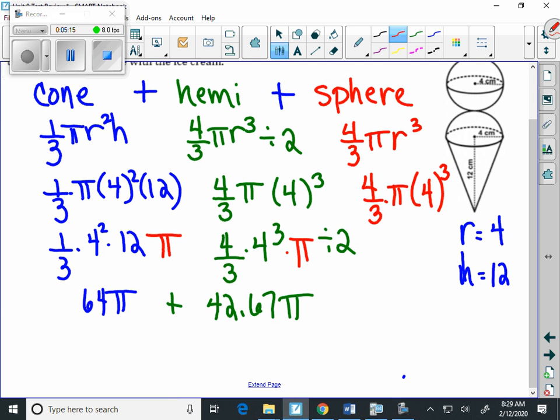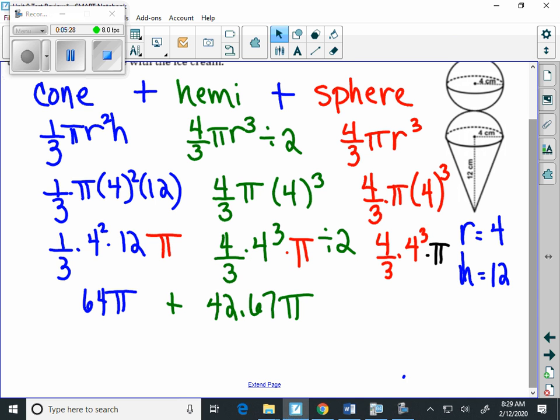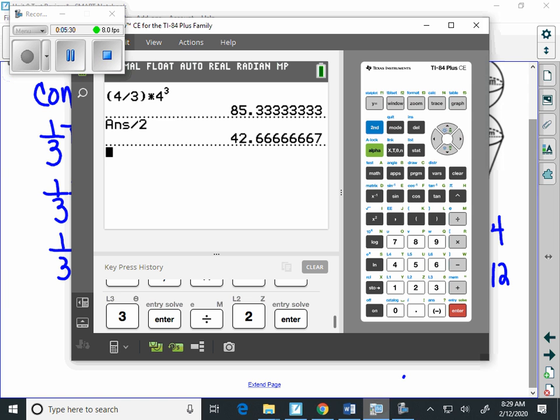When I type this in, I'm going to do 4/3 times 4 cubed, and I'm not going to type in the pi. I'll put that in at the very, very end. We've actually already typed it in, because we've got the 4/3 times 4 cubed here at the very top of the calculator screen, which is 85.33 pi.